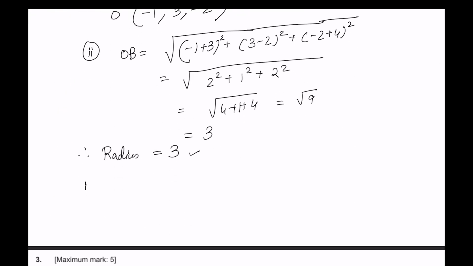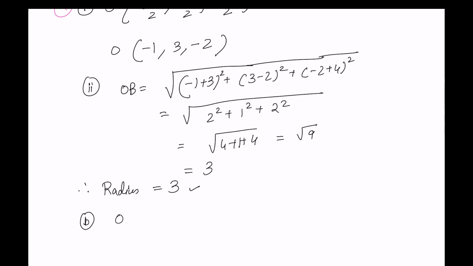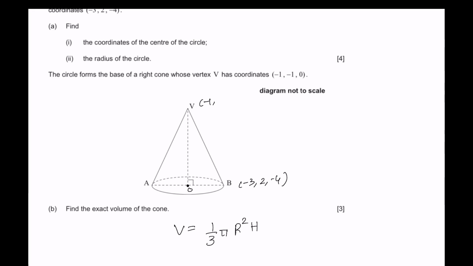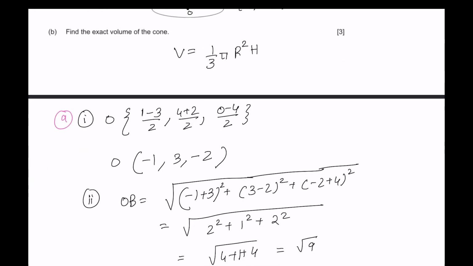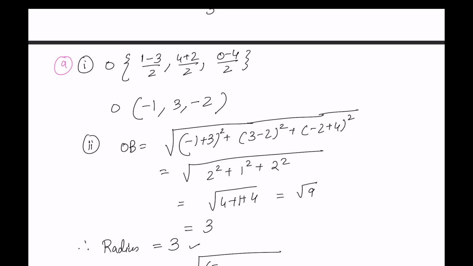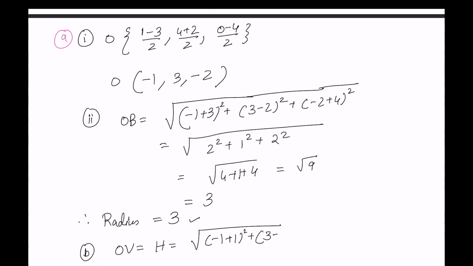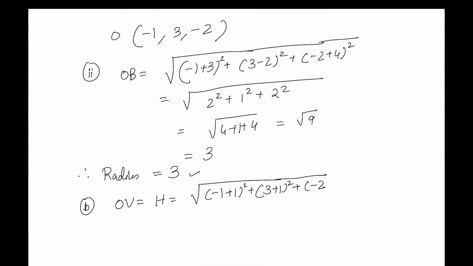The OE would be root under, it is minus 1, comma minus 1, comma 0. So O is here. So minus 1, minus of minus 1 will be plus 1 whole square, plus 3 minus 1 will be plus 2, plus minus 2, and the last one is 0, so minus 2 minus 0 whole square.